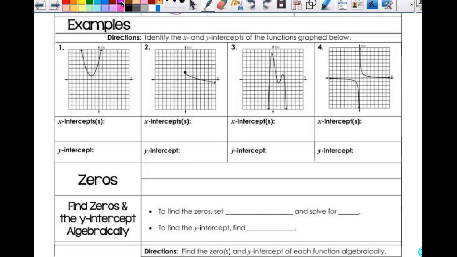Same concept, same place on the graph, but intercepts of any kind are always ordered pairs. Okay, so if it specifically says X-intercept, your answer should be an ordered pair. So it's not just about being able to find it on the graph, but also knowing how you need to answer your question.